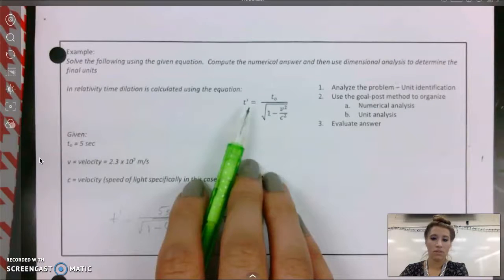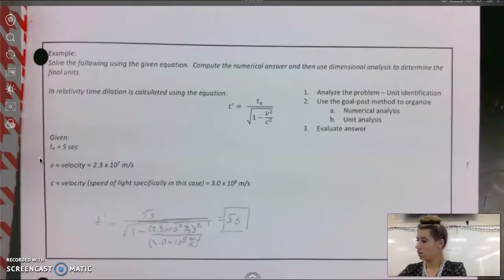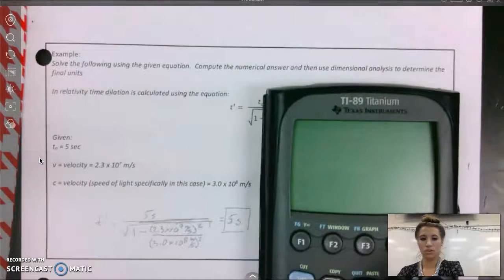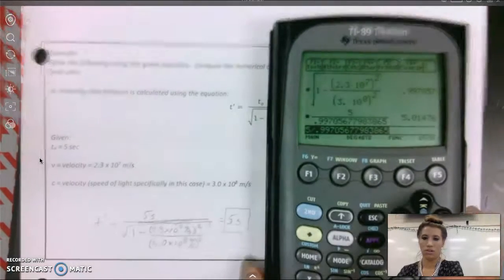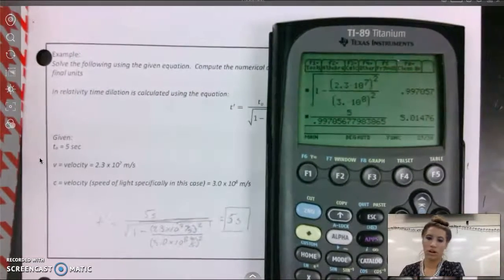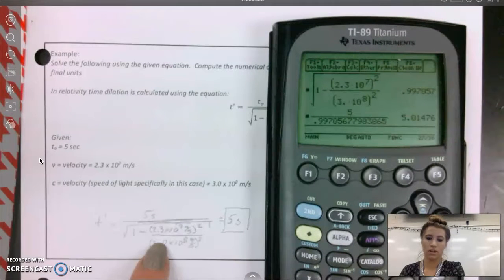Okay. So then what I did from there was I plugged in all my known values. And let me show you how I ran this on my calculator. I'm going to start by just focusing here inside of my square root.